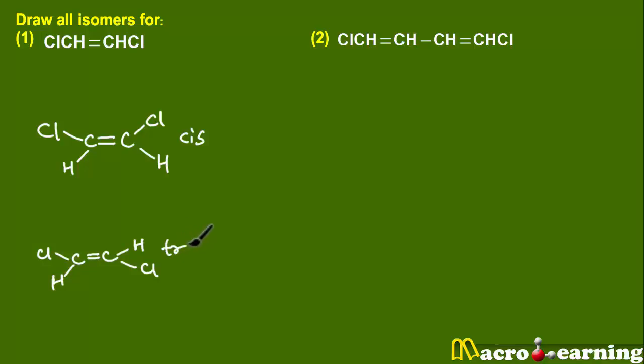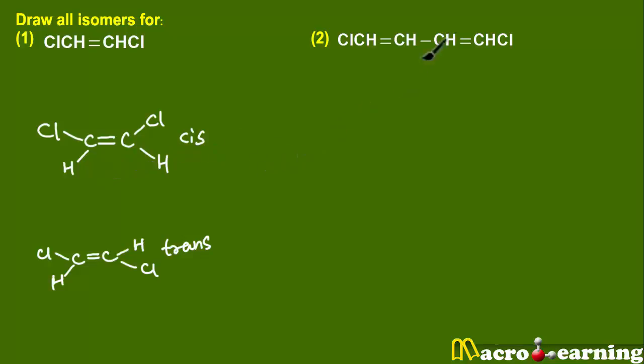That is the trans isomer. So that's it, just two isomers. You can just keep changing the way the connectivity are, and you're not going to be able to get any new structures out of it. So these two are the only possible isomers.